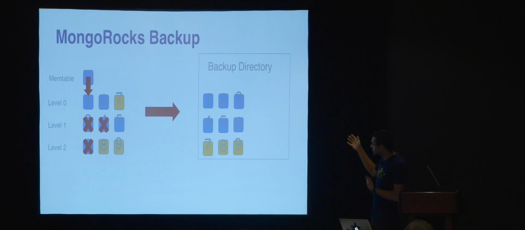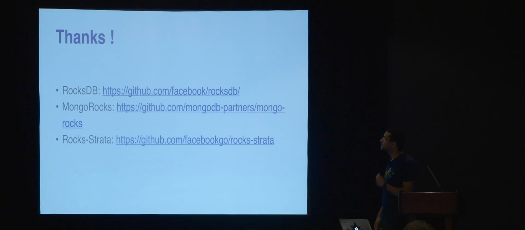Now our backup directory has all the files for backup 1 and backup 2, and we can recover from either the first or the second backup. Again, we only need to figure out the new files and copy them, and that's it. So this is how backups work in MongoRocks. Thank you. This is the RocksDB GitHub page and the MongoRocks strategy page.